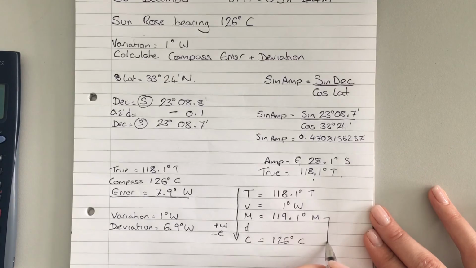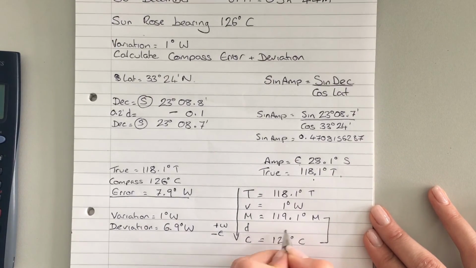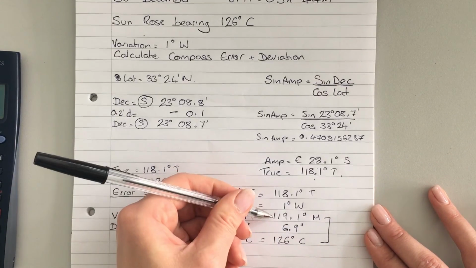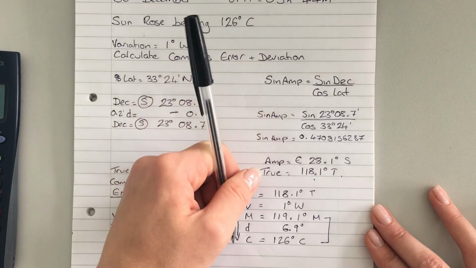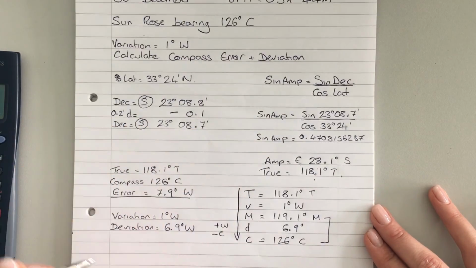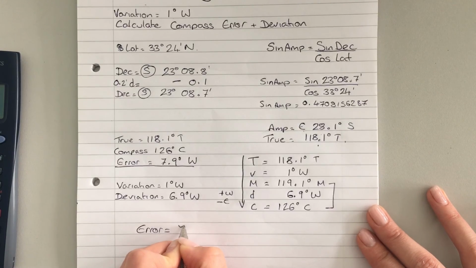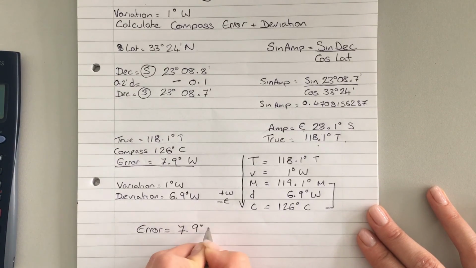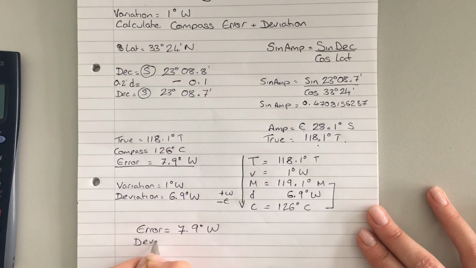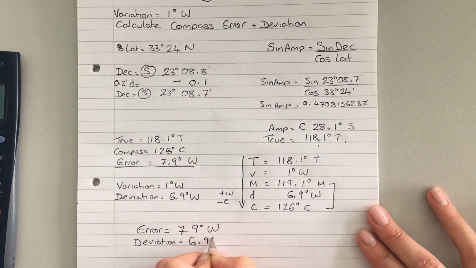So the difference between the two is my deviation, which the difference between 126 and 119.1 is 6.9. The numbers are increasing as I'm working down. I'm adding westerly values, minusing easterly values, so that deviation has to be a west. So the error was 7.9 degrees west, and the deviation was 6.9 degrees west.